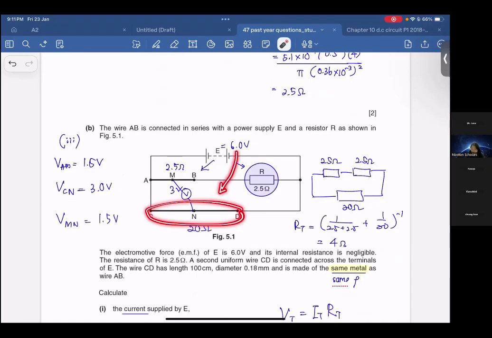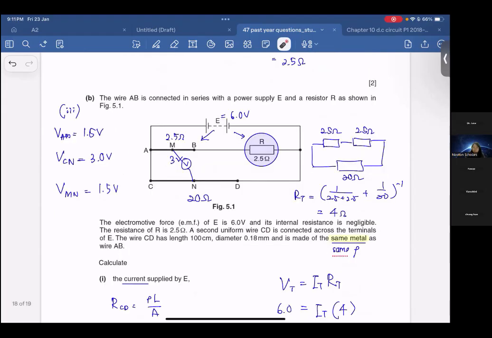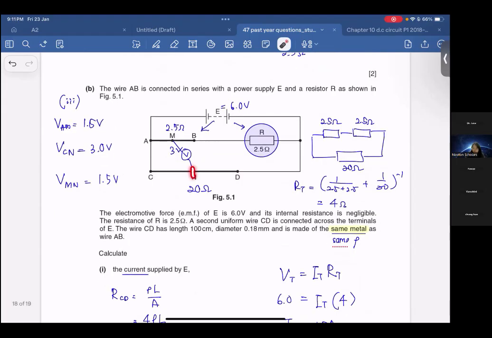Then here, it divides into half. So 6.0 volt becomes 3.0 volt here and 3.0 volt here. Get it, Wesley? Then here 1.5 volt in between.